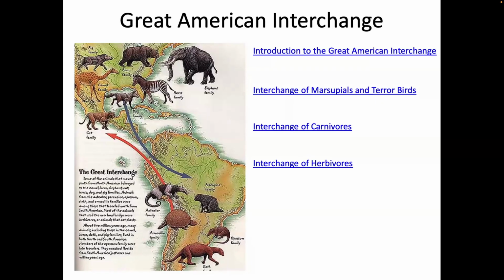We also see the exchange of marsupials. We got opossums from South America, which they had in turn gotten from Antarctica, which they had gotten from Australia. And we see terror birds, these giant flightless birds that can run at 30, 40 miles an hour.